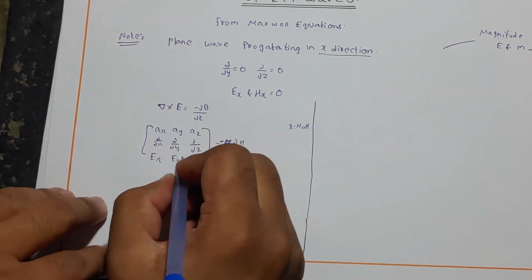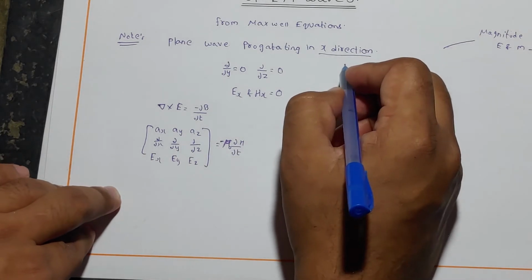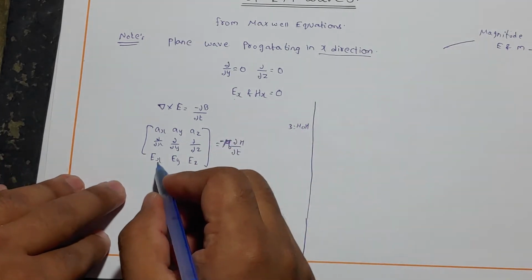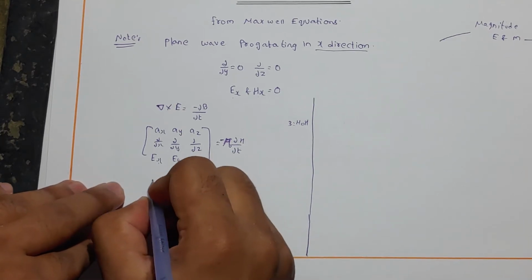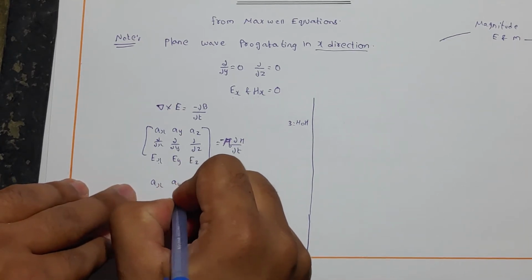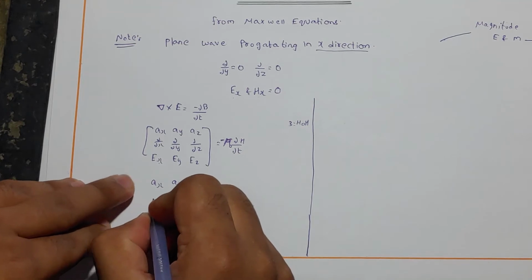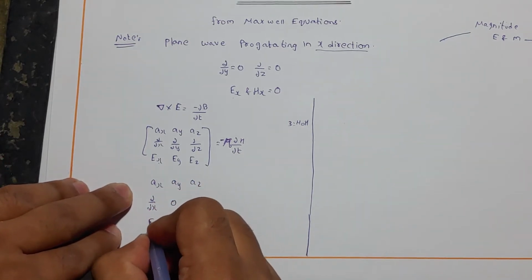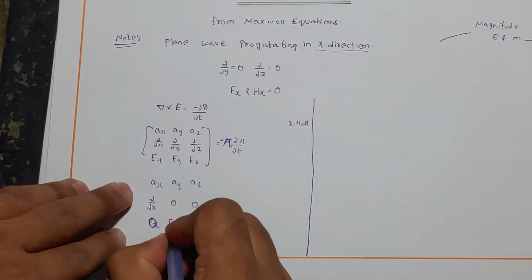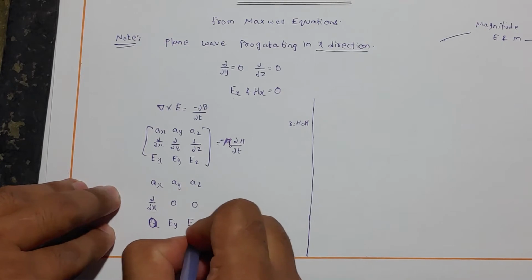Now as we know that it is propagating in the x direction, Ex is equal to 0, and dou by dou y and dou by dou z would be equal to 0. That is Ax, Ay, Az, dou by dou x, 0, 0, Ex 0, sorry, this term would be 0, and Ey, Ez.